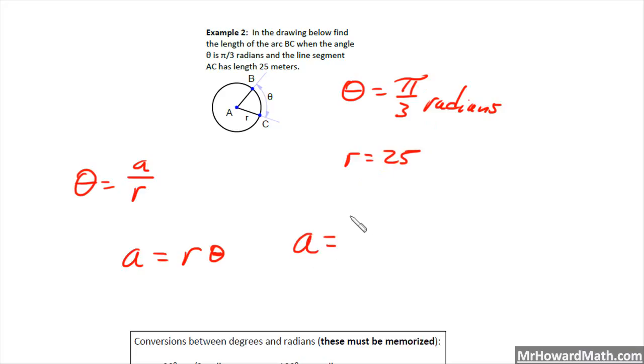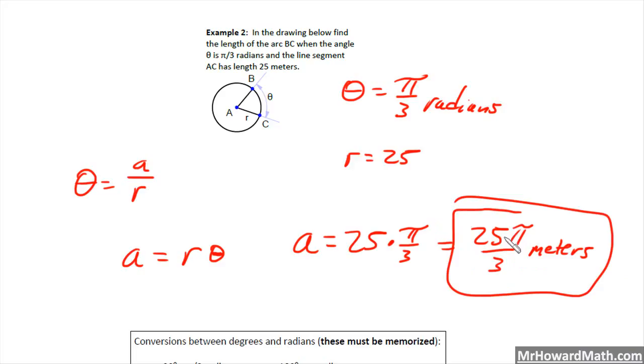So the radius, 25, times pi over 3 is equal to 25 pi over 3. The radius was in meters, so the arc length would be in meters. That's some decimal value, and we'll just leave it like that. If you had a calculator, you could put that in, but we're not using one right now, so 25 pi over 3 is okay for example 2. All right, let's continue on.